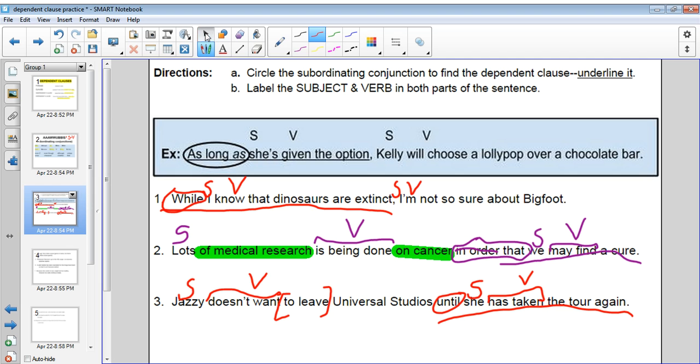Now, the big purpose of us looking at these dependent clauses is to find how they're being used in sentences to add description. We talk about transitions a lot in that they come at the beginnings of sentences. So if I look at these three sentences and I want to see if I have a transition, I'm looking to make sure that the dependent clause is at the beginning. And I can see very clearly that it is here, while I know that dinosaurs are extinct.